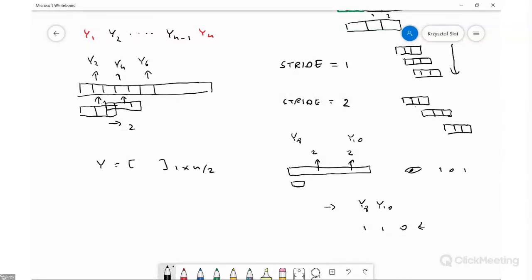I have information that is being compressed, and on that compressed information I can now look for patterns at that level, and I can go further.